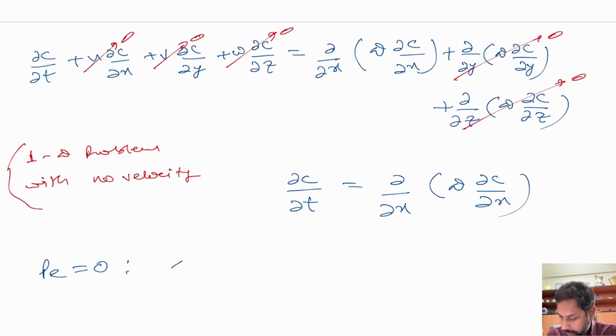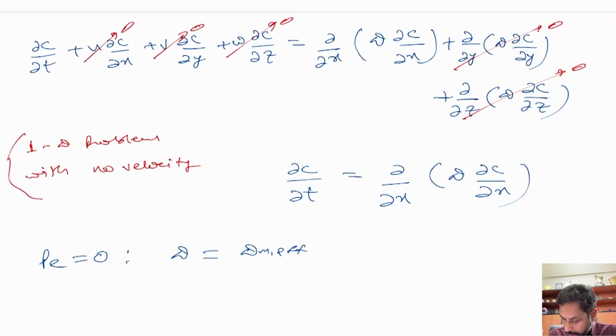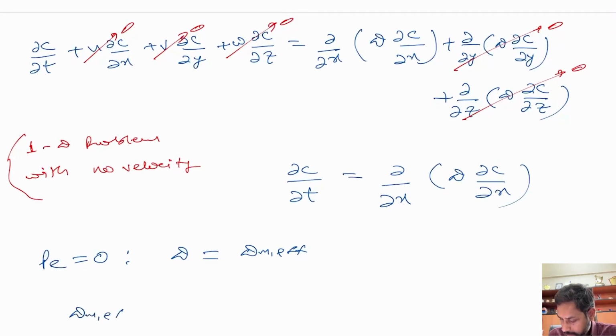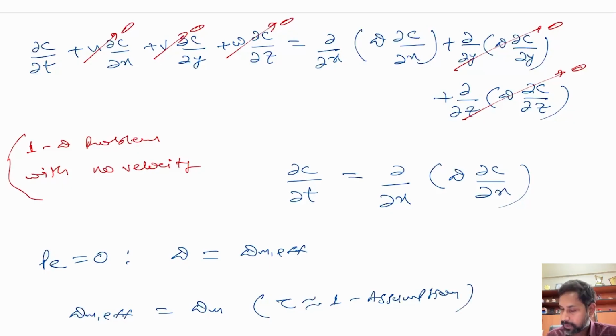That actually means that D must be equal to Dm effective. Okay, and for now we will write Dm effective to be simply equal to Dm, assuming that tau is equal to 1. Okay, so this is an assumption, but whatever result we derive can be used for Dm effective by assuming a different value of tau.